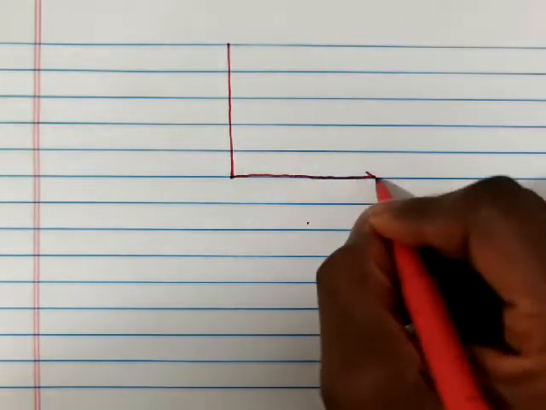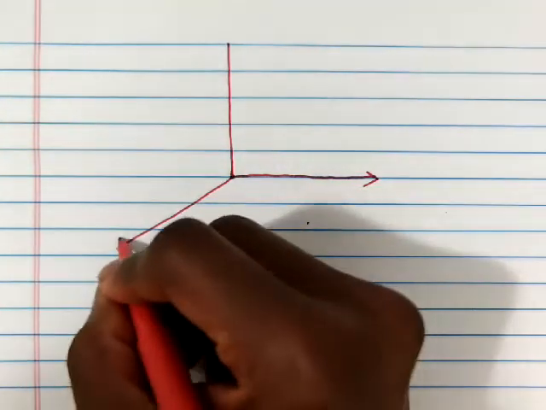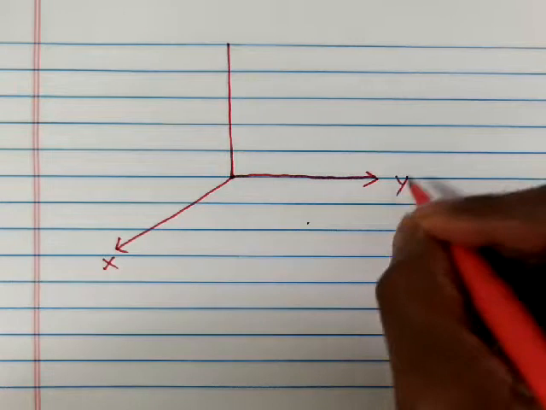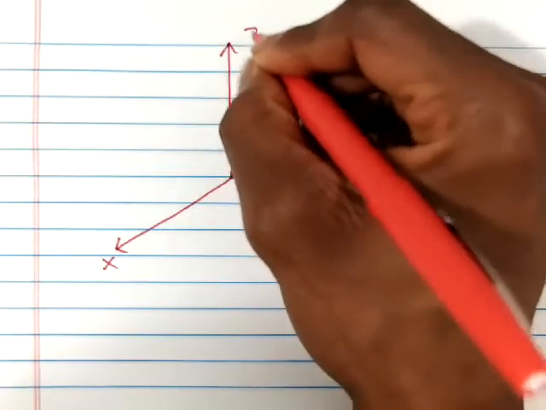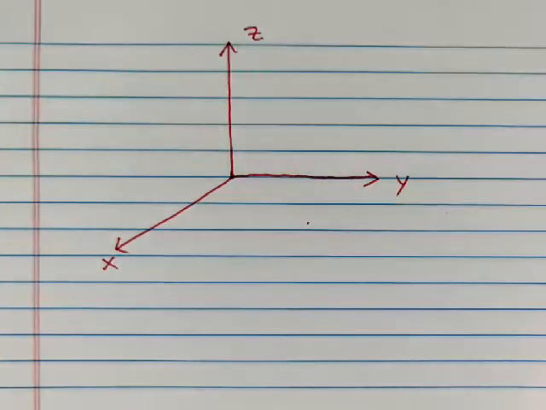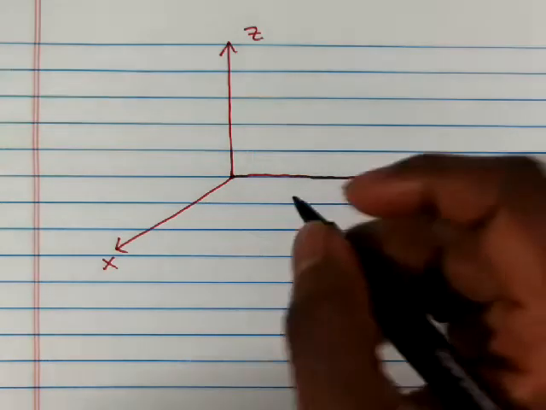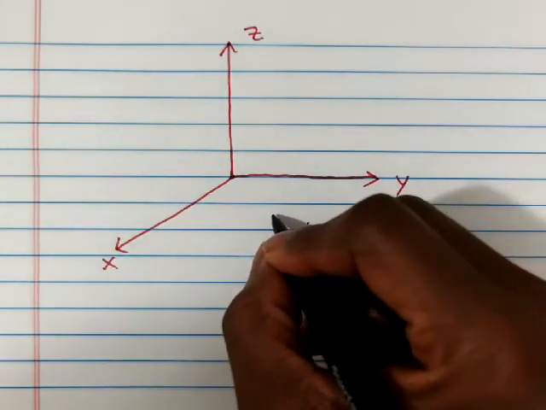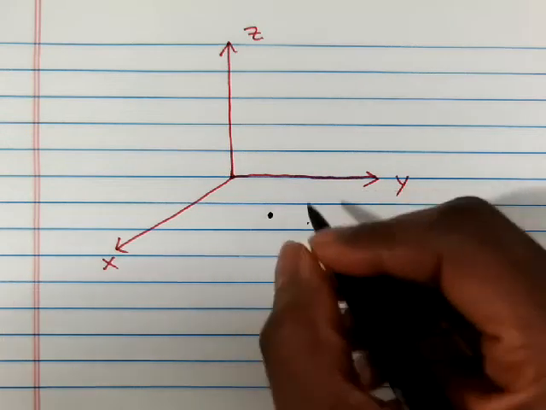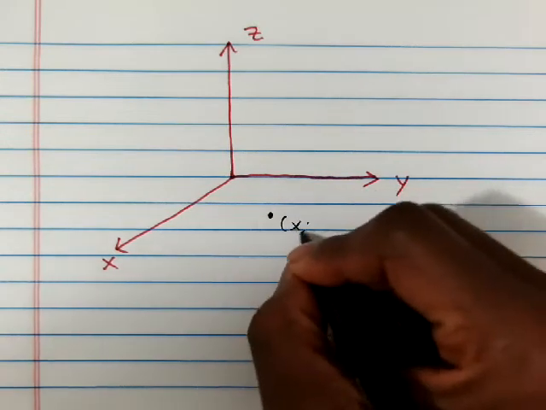So now looking at 3 dimensions, we sketch our set of coordinate axes. My input will be some point in the xy plane, so that point right there. That's x comma y.